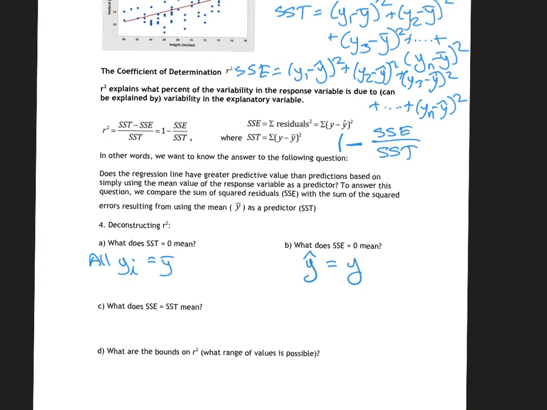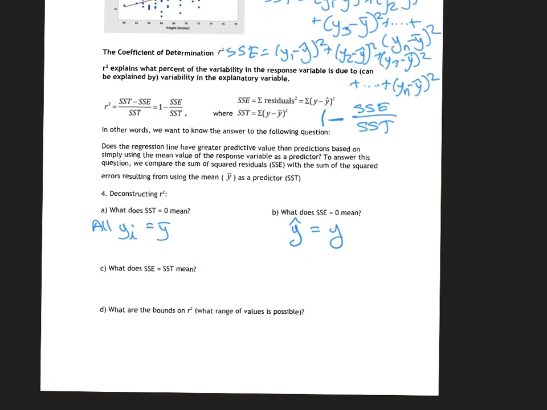What does SSE equal SST mean? Total variation versus the variation in the residuals. It means that the errors resulting from the regression equation are equal to the errors when y bar is used as a predictor. So using the errors from the least squared regression line is the same as using the errors from the mean. Okay, so what are the bounds on r squared?